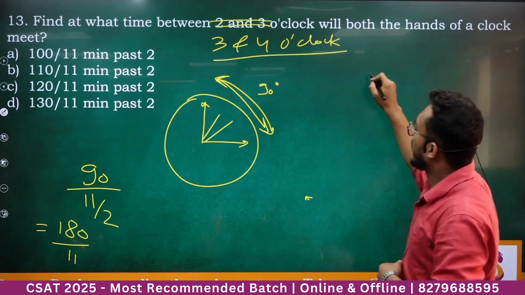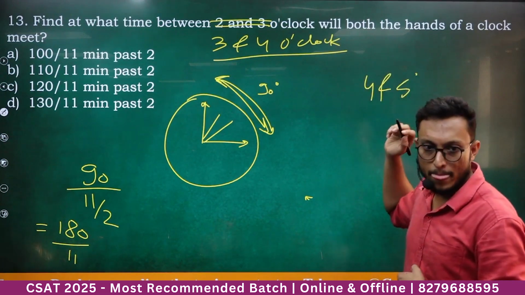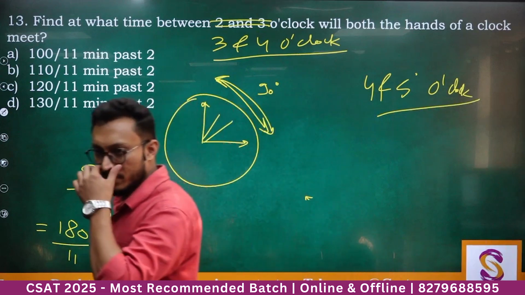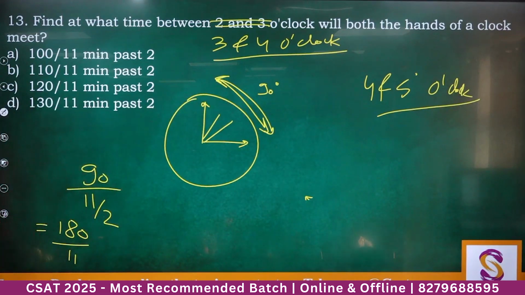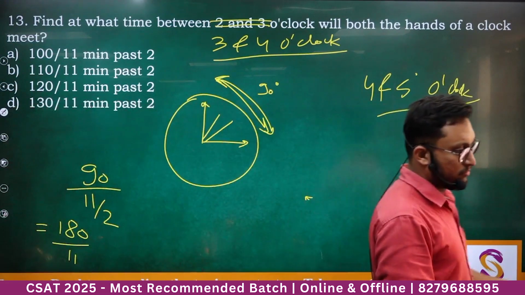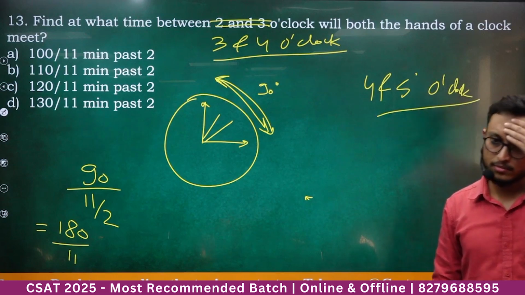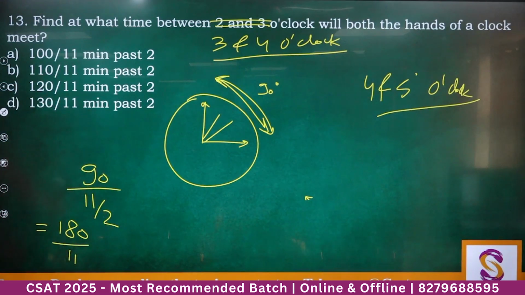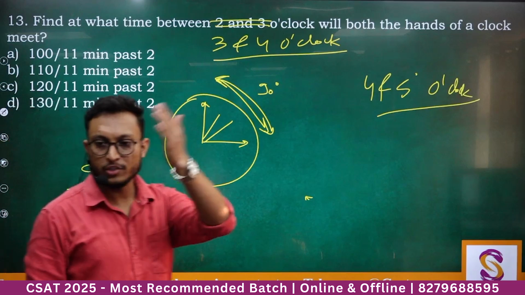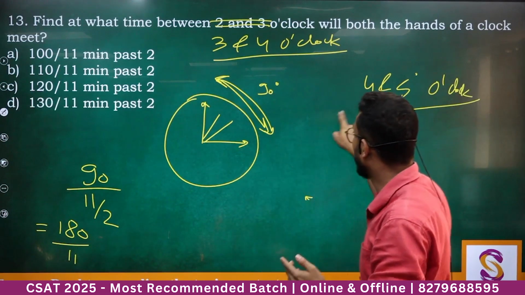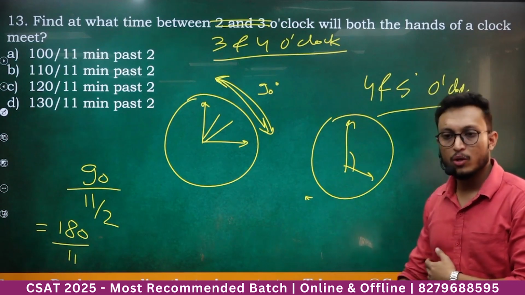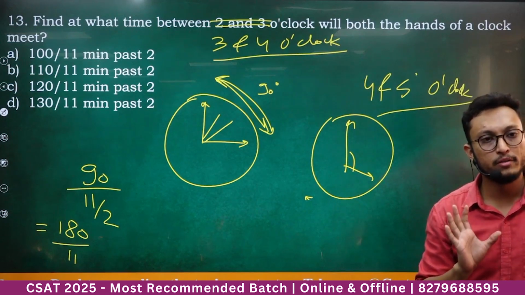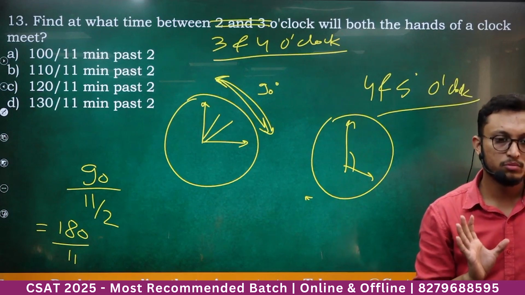ठीक है. If it was 4 and 5 o'clock, between 4 and 5 o'clock, where will these hands coincide? हाँ 270 क्यों? हाँ, initial angle reference will be 4 और 5 दिया है तो reference is 4 o'clock. 4 o'clock में initial angle is, अरे 4 o'clock में this angle, I am asking about this angle, 120 degree. So initial distance that the hands need to cover is 120 degree. What is the relative speed? 11 by 2. तो 120 upon 11 by 2, जितना आया है ना 2 ऊपर चले जाएगा.